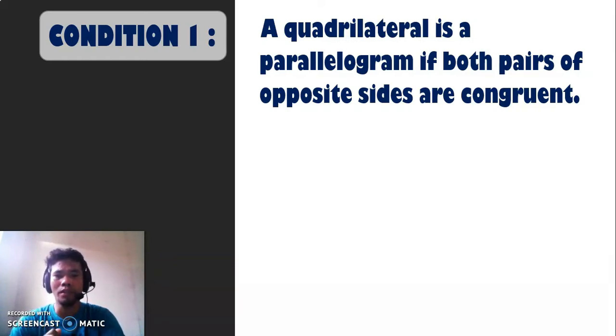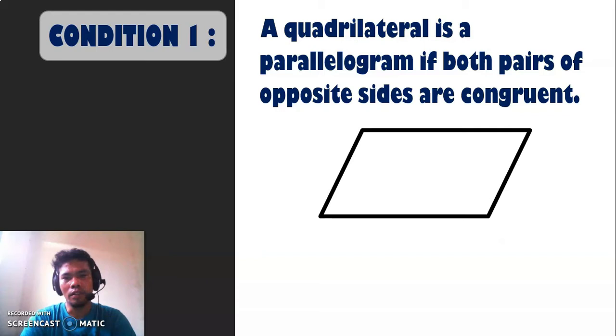Now, what do you mean by opposite sides? Opposite sides are the sides that are facing each other. To better understand, let's have an illustration. Here is a quadrilateral named LOVE.